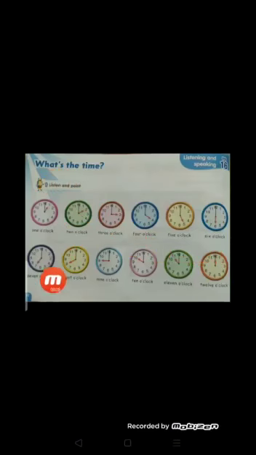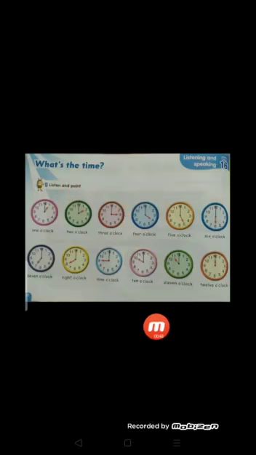What's the time? It's 7 o'clock. What's the time? It's 8 o'clock. What's the time? It's 9 o'clock. What's the time? It's 10 o'clock. What's the time? It's 11 o'clock. What's the time? It's 12 o'clock.